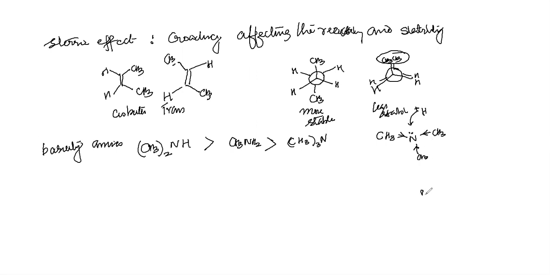Let me draw the CH3 separately. C, H, H, H. Then you have C, H, H, and H. Again C, H. Now see, here is a lone pair of electrons.